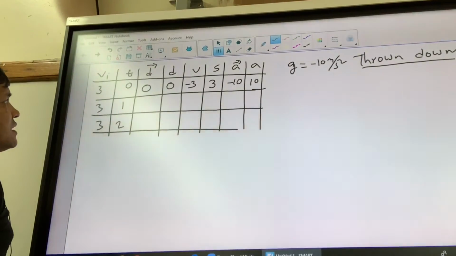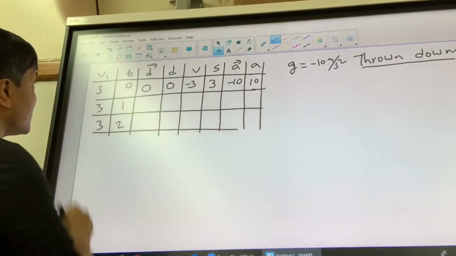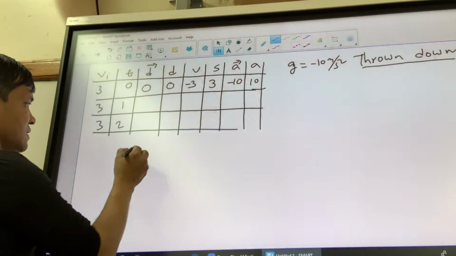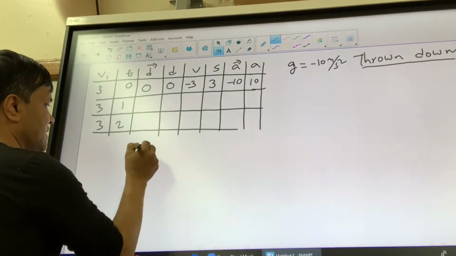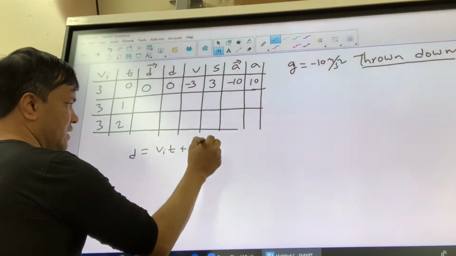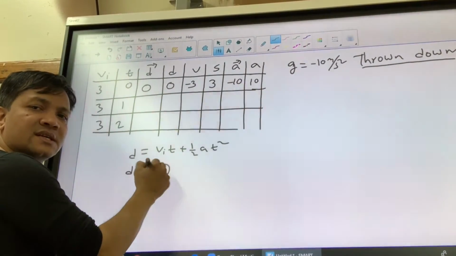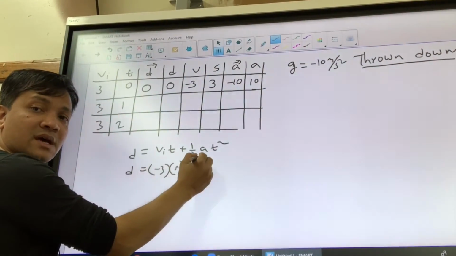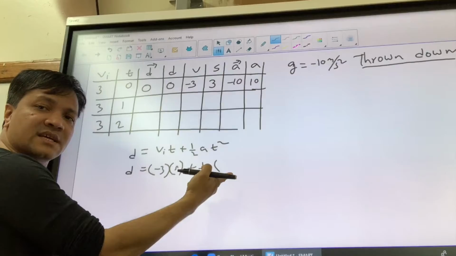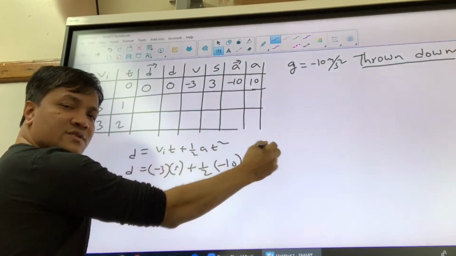Very nice. Now we're going to find the displacement at 1 second. Displacement is Vi t plus half a t squared. So Vi is -3, t is 1 second, plus half, and acceleration due to gravity is -10, and 1 squared.